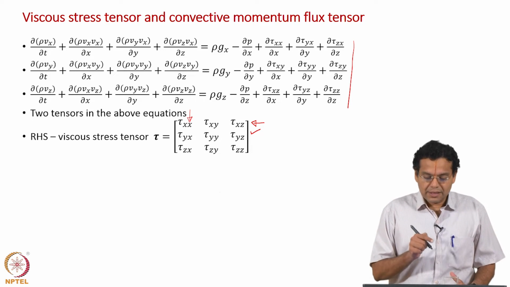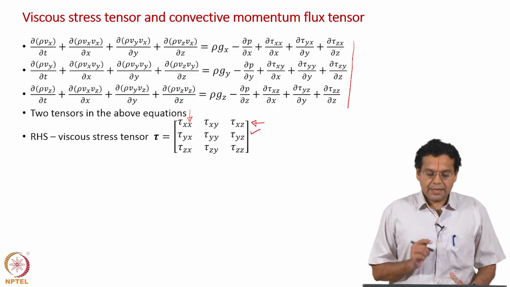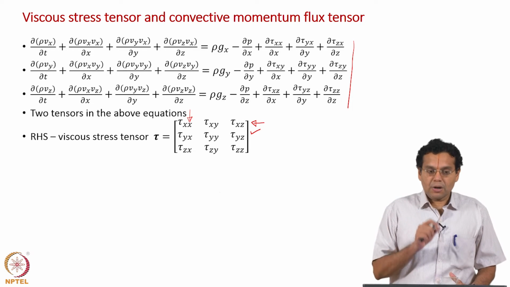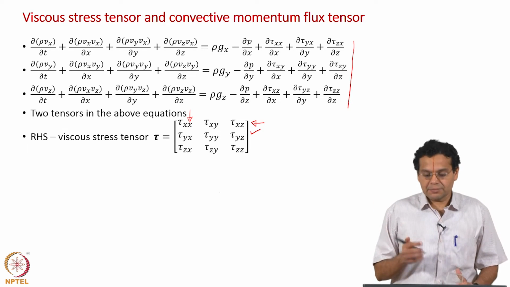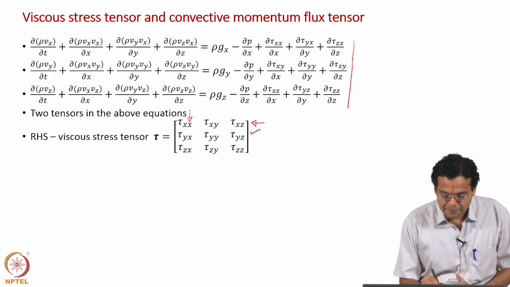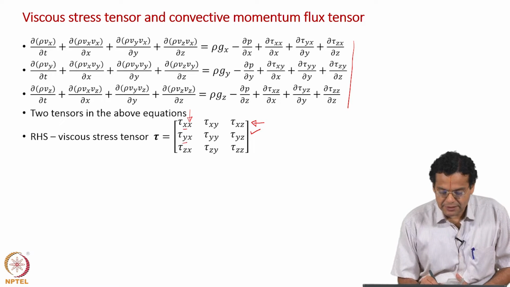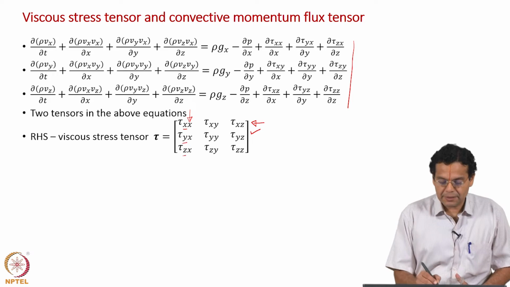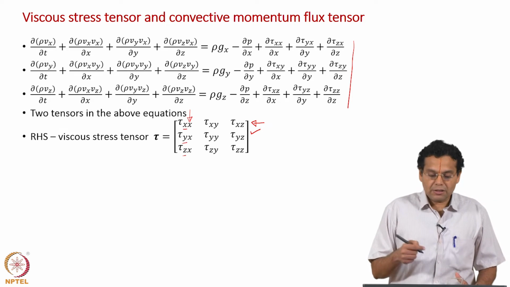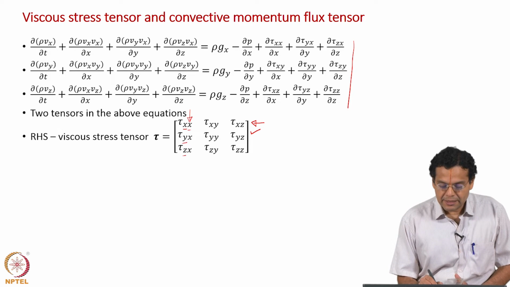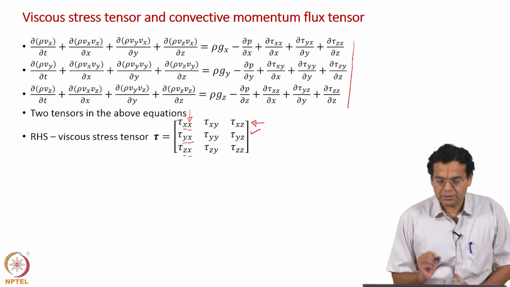Why are there 3 different stress vectors? Because the plane on which they are acting is different, which is represented by the first subscript, but all the forces are acting along the x direction. That is why here you have x, here you have x, and here also you have x.